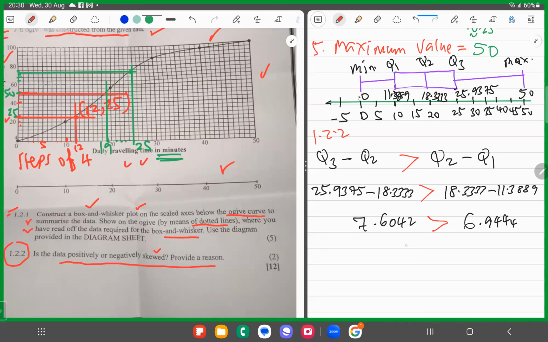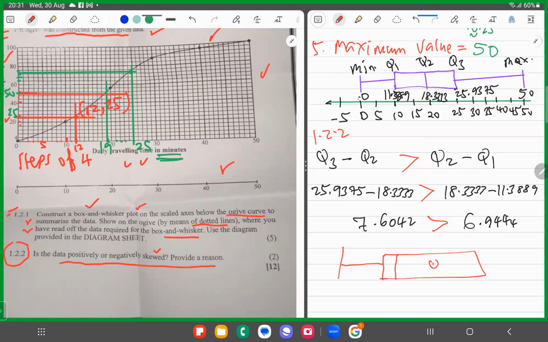Right, and so the minute you can see that Q3 minus Q2 is bigger than Q2 minus Q1, what it means is that the box and whisker plot obviously is not drawn to scale in the diagram we drew together, but it means that if Q3 minus Q2 is bigger, you have something like this.